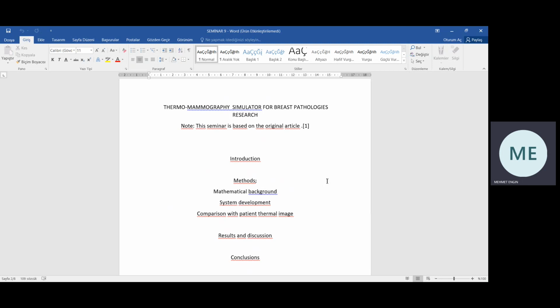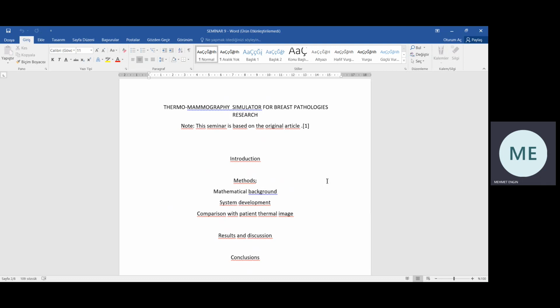In this model, the following parameters are used: tissue density, heat capacity, thermal conductivity, tissue temperature, blood density, blood heat capacity, blood perfusion, blood temperature, and metabolic rate.